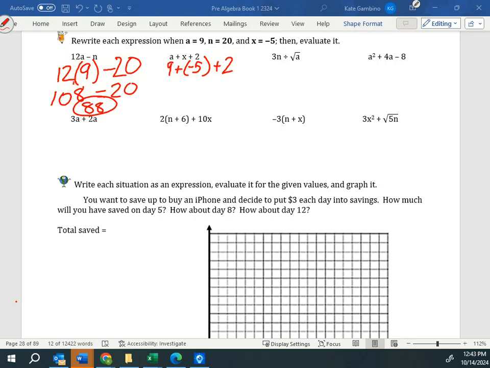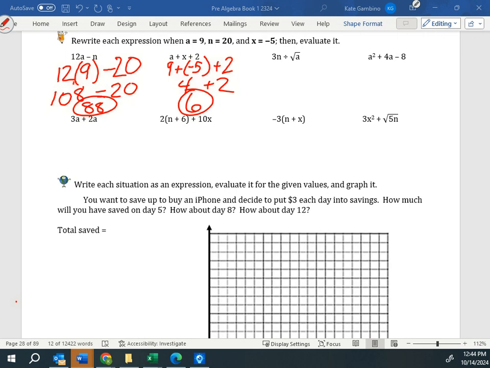No, that's if we're subtracting a negative, then you go up. So when we add a negative, we're actually subtracting. So 9 plus negative 5 puts me at a 4. If you need to look back at that table in your binder that tells you what to do with adding and subtracting with those negative numbers, you can look back at it. So my answer here would be 4. So look back if you need to.